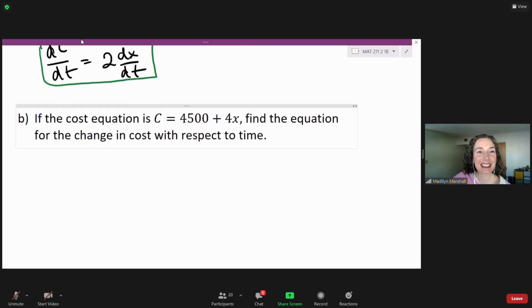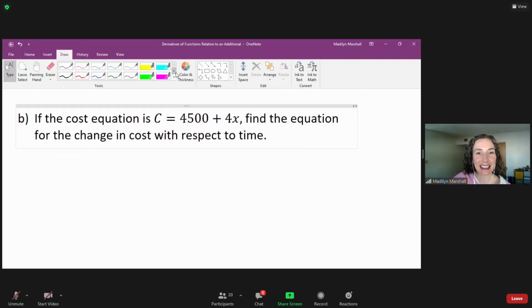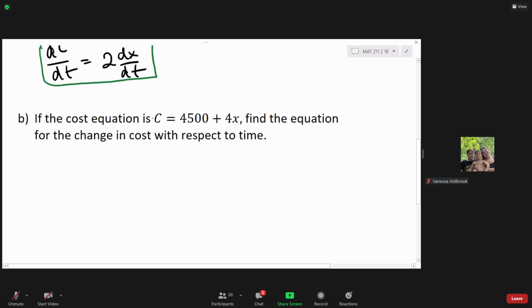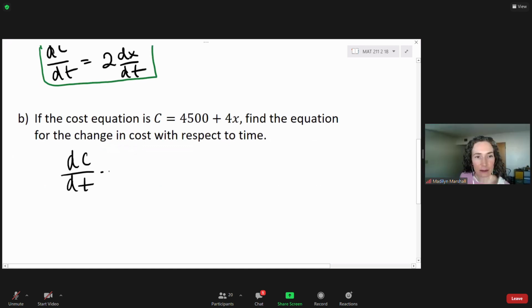So we're doing now dc dt, which is the derivative of c, which is just 4 times the derivative of x.